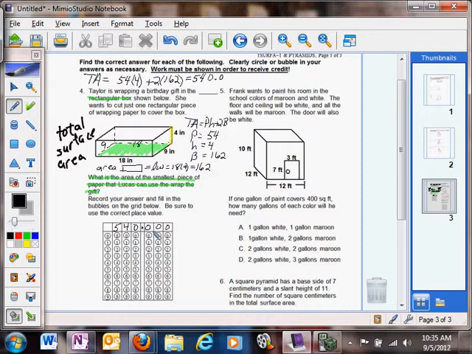I believe on the TAKS test they would count this right if you just put the 540 here. But just in case, put those zeros in there. And then bubble in your answer: 5, 4, 0, 0, 0, 0. And that's how you would do that problem.